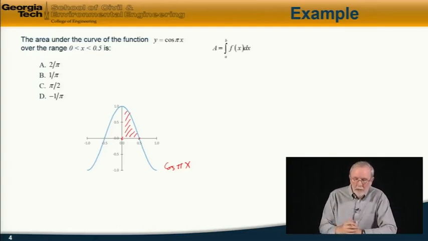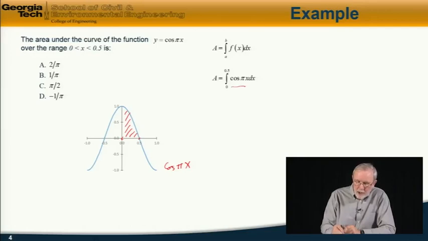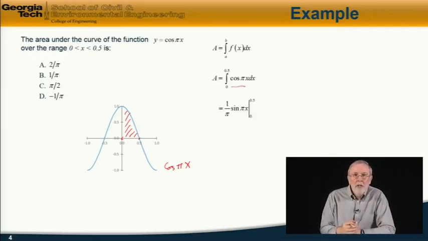So we use our basic formula that the area is the integral over the limits of f of x dx. In this case, the limits of the integration are x ranges from 0 to 0.5, and the function of x is cosine pi x. We can look up this integral or evaluate it fairly easily from the table, and the integral of cosine pi x is 1 over pi sine pi x.